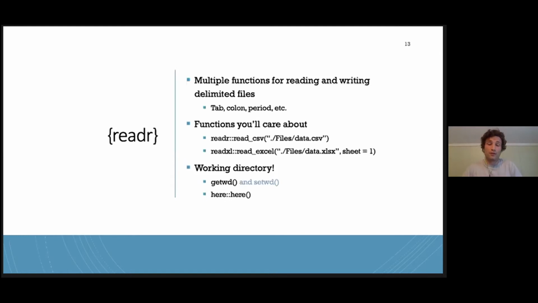If your data file lives within your current working directory, you won't need to specify a full computer pathway from user, Callahan, and so on. It will just be read_csv and then data.csv, as long as that data file is in the same working directory. There are a lot of instructions about this online as well, in case you have any questions on that.